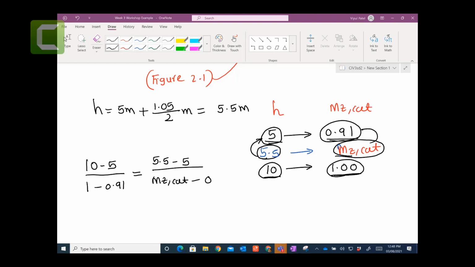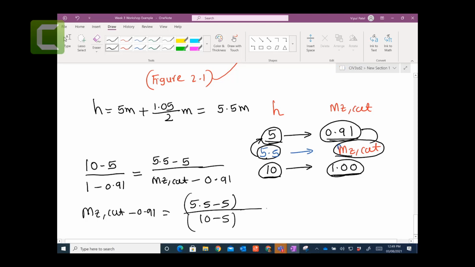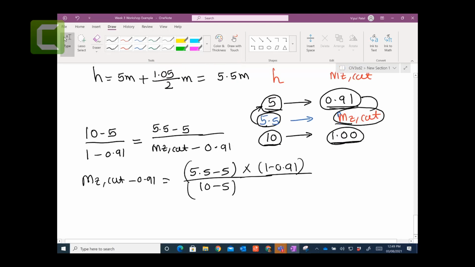So let's throw some numbers there: Mz,cat minus 0.91 equals 5.5 take away 5 over 10 minus 5, times 1 take away 0.91.